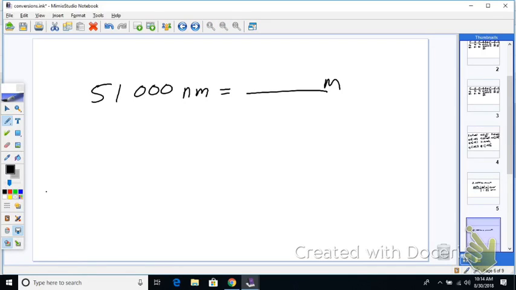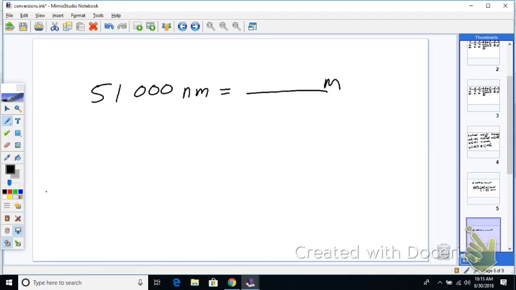Why don't I see if you guys can set this one up based upon the one I just did. This is 51,000 nanometers, and you're going to meters. So it should be just a one-step setup. Some of these are multiple steps, depending upon how you're comparing them, of just putting everything in scientific notation when we could. You're never going to get counted wrong if you put it in scientific notation, okay?